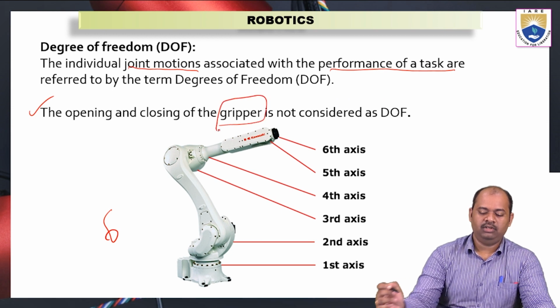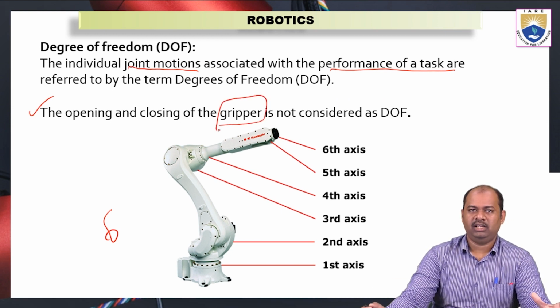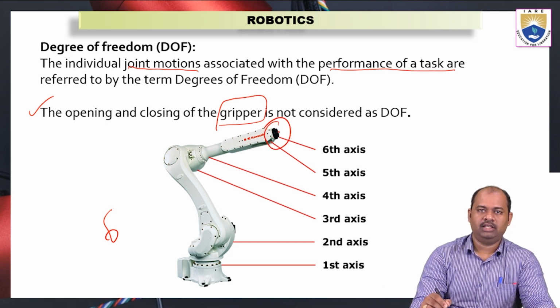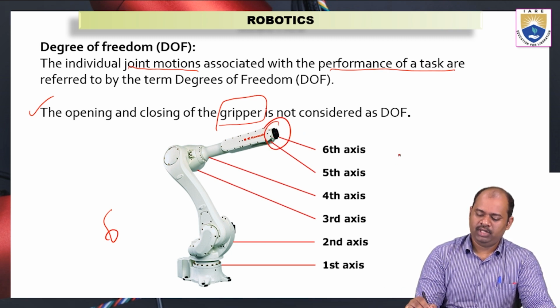We'll see what a gripper is. Gripper is a mechanical element which is connected to the end point of the robot, like we will connect that here. So the gripper will be like this. The gripper is used to hold an object.